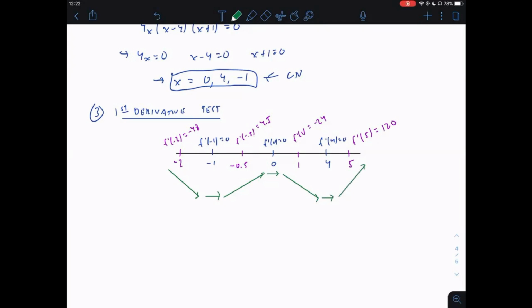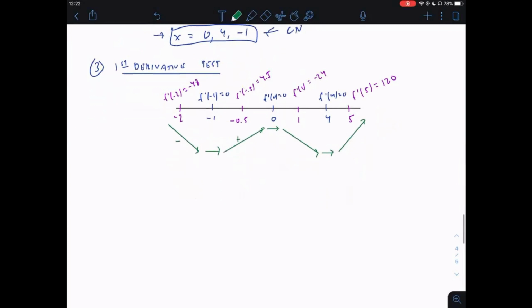Okay, so what do we see here? Well, before the first critical number, our function was decreasing and then started to increase after that first critical number. Meaning at -1, since the sign of our slope goes from negative to positive, at this point we have a relative minimum.